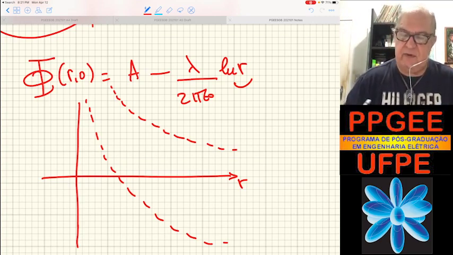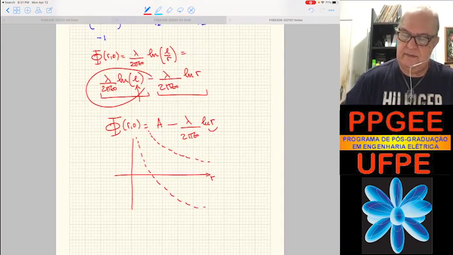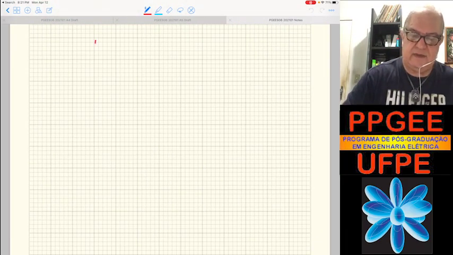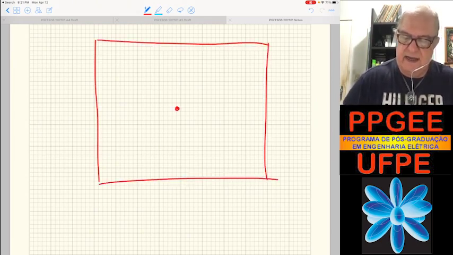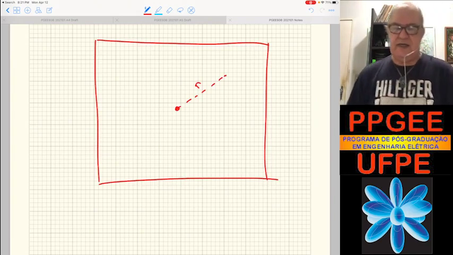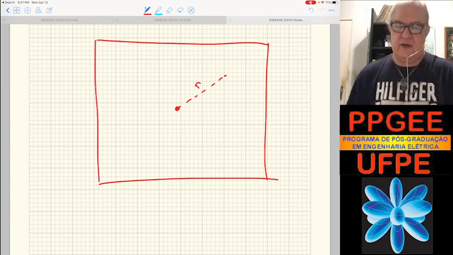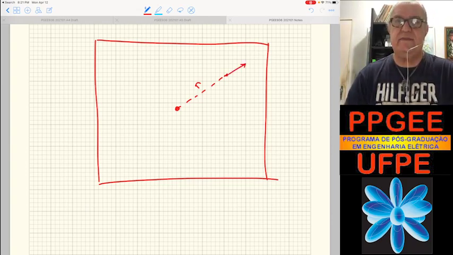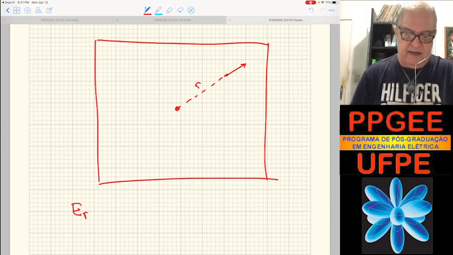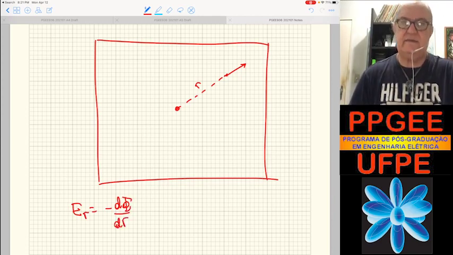I mean the E field component looking at the plane. Okay, now let's look at the plane. The wire is right in the center. I'm determining the potential, how it changes with R. I'm saying that it changes with the minus natural log of R, right? So I can calculate the E field component in the plane. The radial component, in fact, E_r equals minus d phi dr, right?